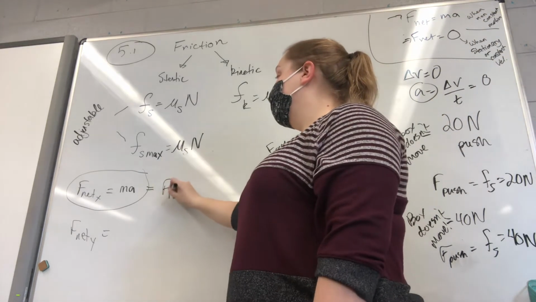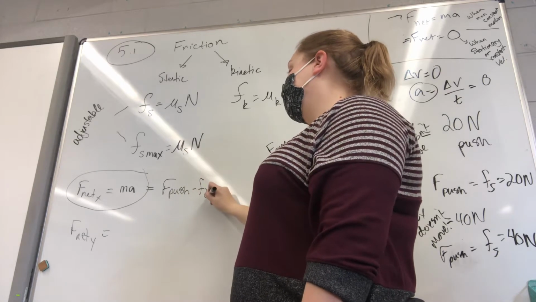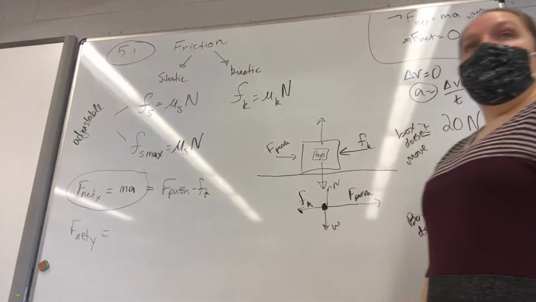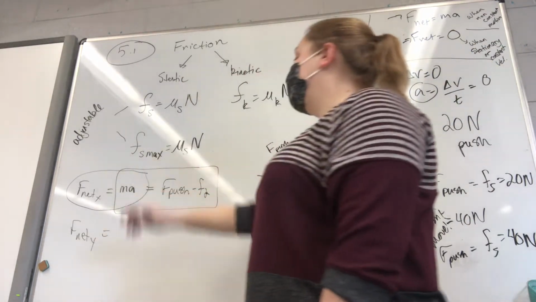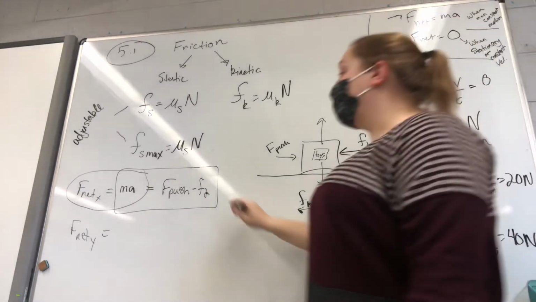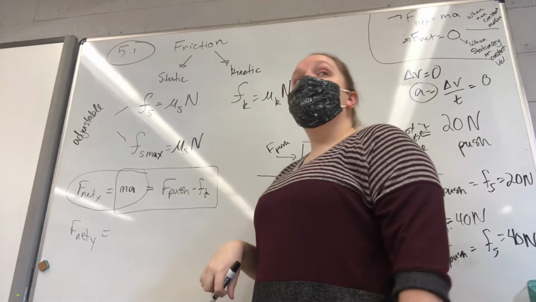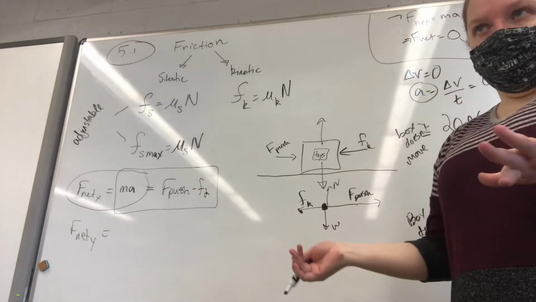Right. F push minus the coefficient of kinetic friction. So this is our review from chapter 4. The new stuff is in trying to figure out what the coefficient of friction is, or trying to figure out what the friction force is given the coefficient of friction.